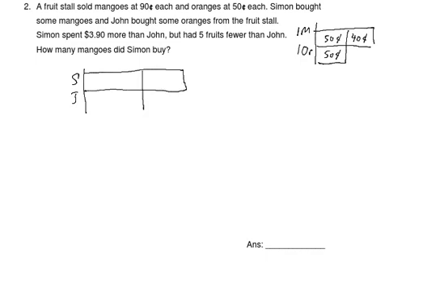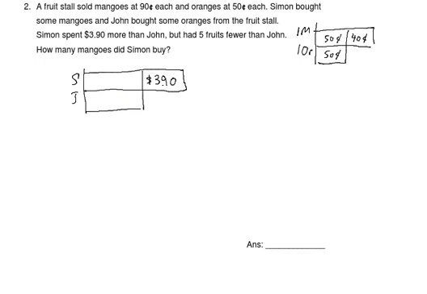Simon spent more than John by how much? $3.90. Yes? Correct. But for this model, the model that I've just drawn, take note, is the number of fruits bought the same? Not the same, right? Okay.